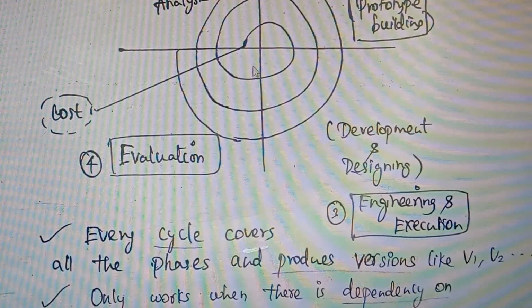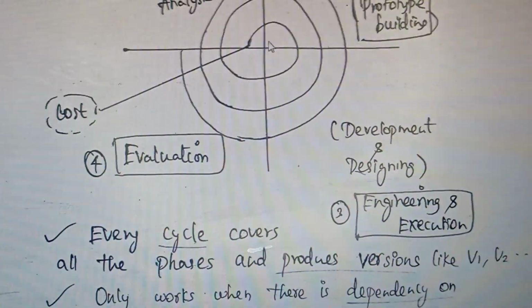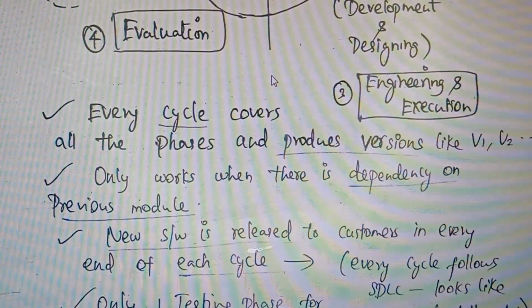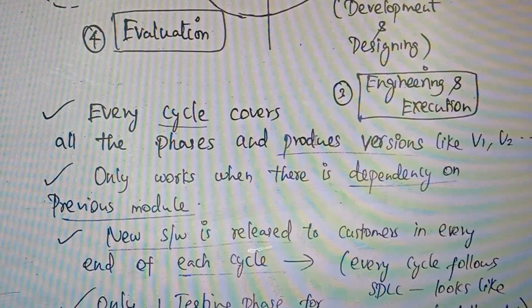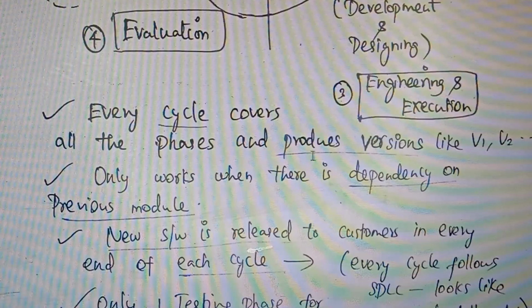This spiral model is iterable, and here the inner point is called the spiral. Every cycle covers all the phases and produces versions like V1, V2, which work when there is a dependency on the previous model.